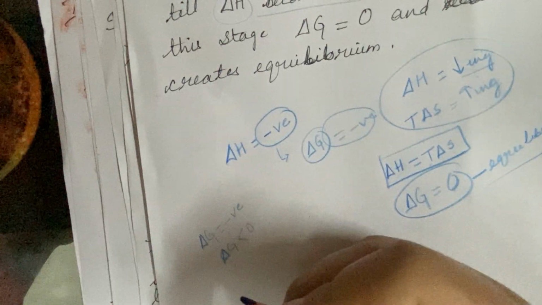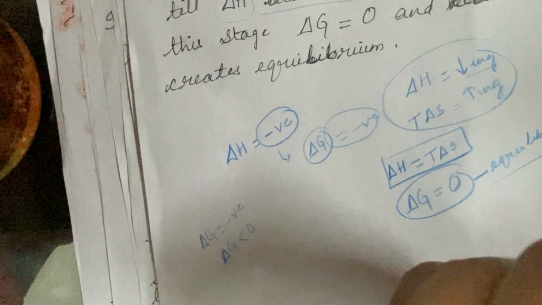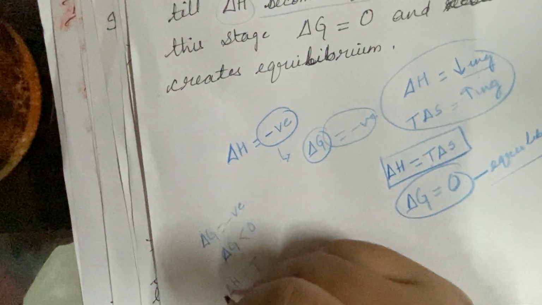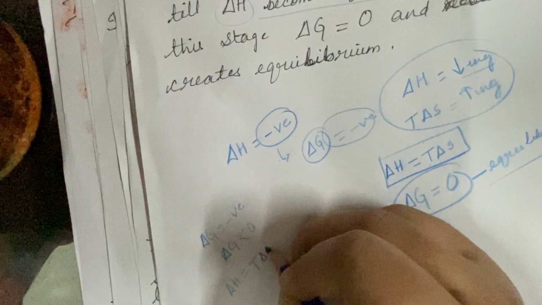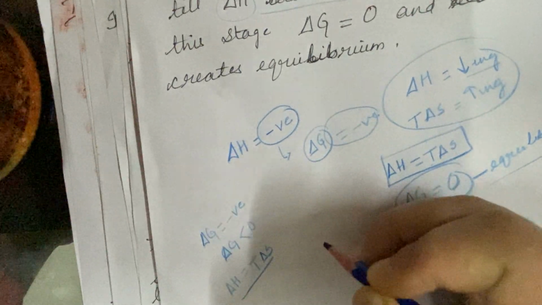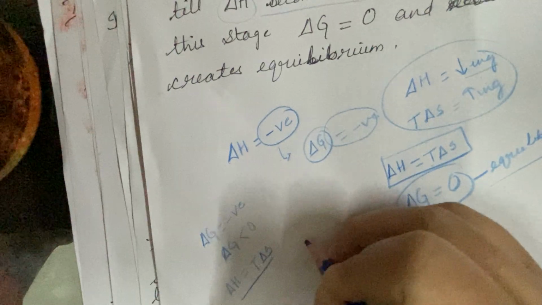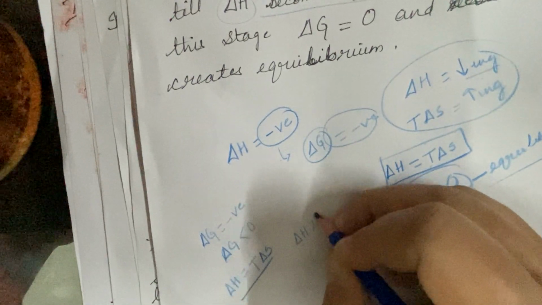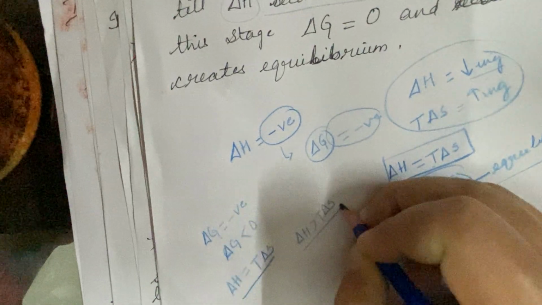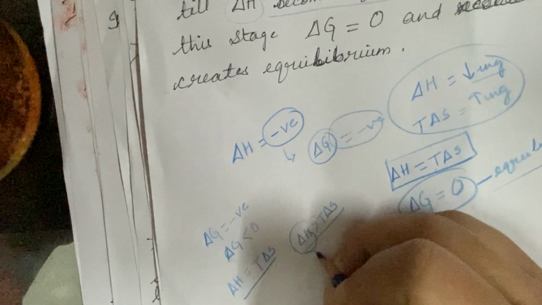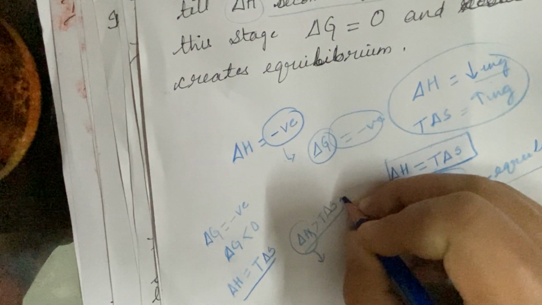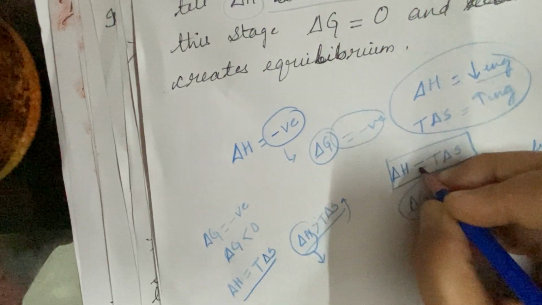But as the adsorption proceeds, delta H will become equal to T delta S. And if we want the adsorption to take place at a higher rate, the delta H value should be greater than T delta S, and this value should remain increasing for adsorption to occur.